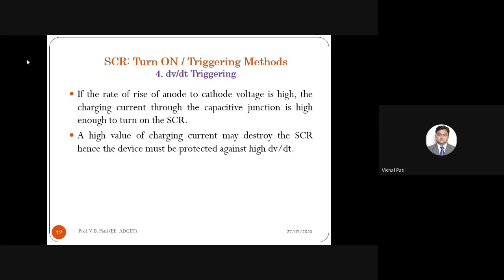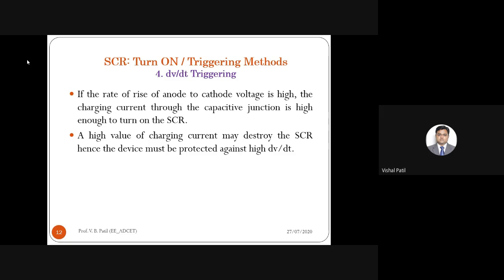Okay, dV by dt. If the rate of rise of anode to cathode voltage is high, the changing current through the capacitive junction is high enough to turn on the SCR. So here the rate at which the voltage is changed is high, and the changing current through the capacitive junction is high enough to turn on the SCR.